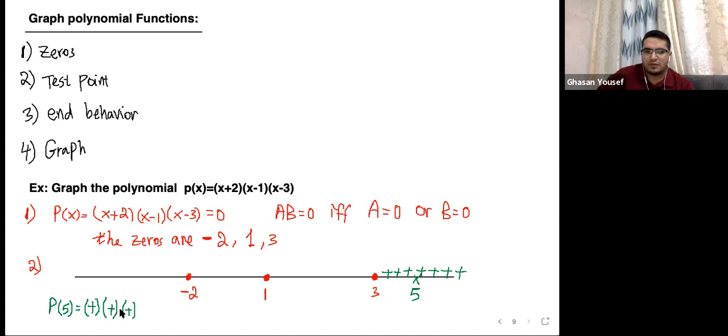So now you multiply positive times positive. For example, 5 times 2. When you multiply any two positives, they give you positive. So the answer multiplied by this third positive, positive times positive, is positive. So the answer is positive.